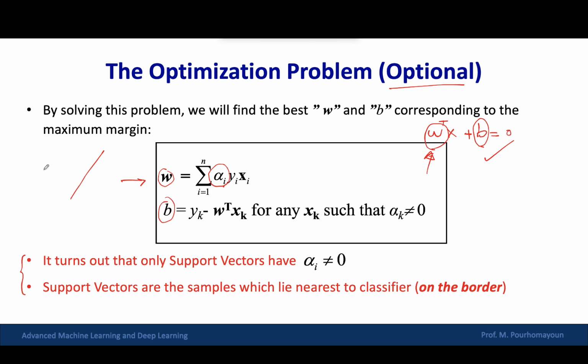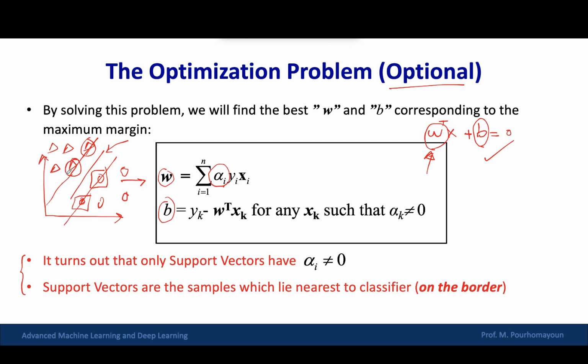Okay, so if this is your classifier, and you have a lot of data samples here, so suppose that this is your margin, okay, only these samples that we call support vectors, only these samples really matter to us, because only these samples will help us find your classifier.